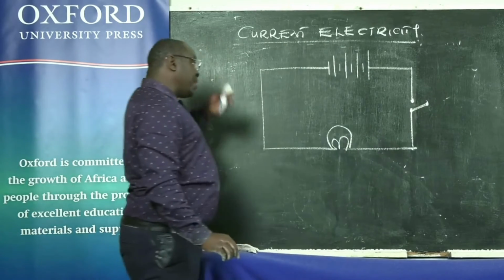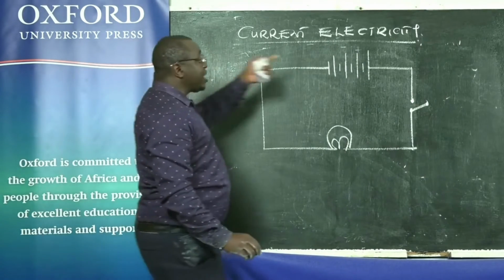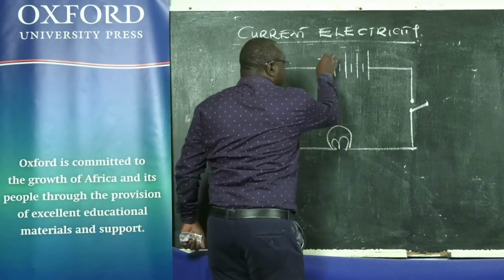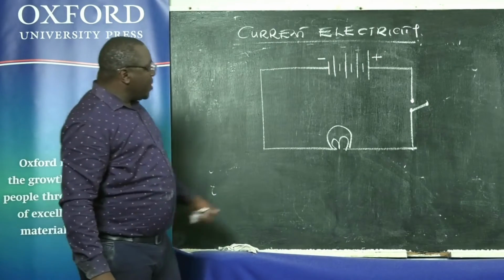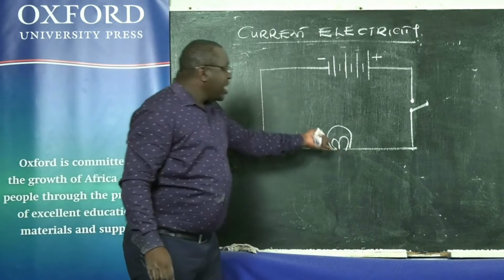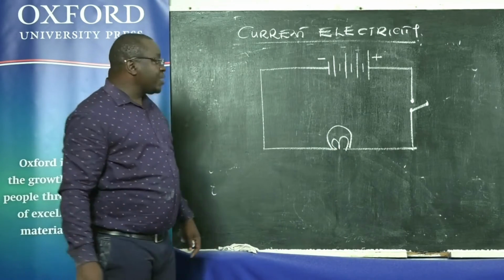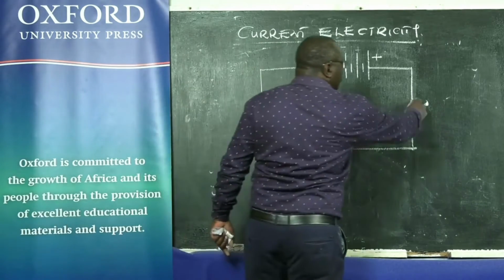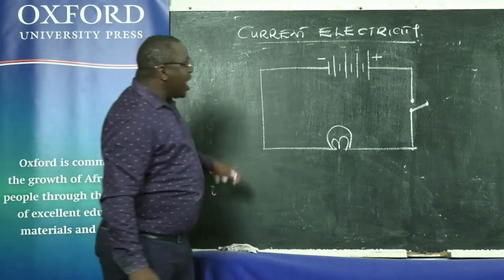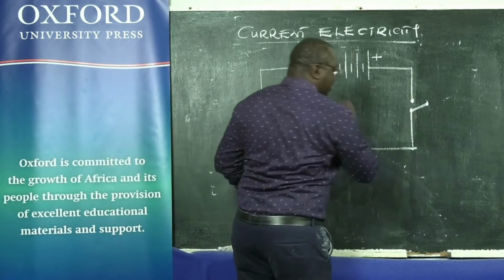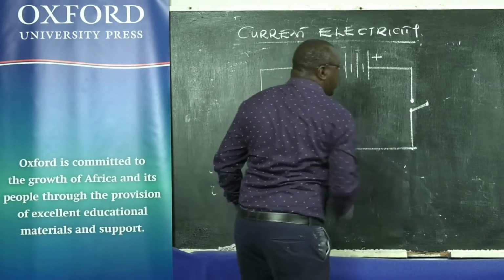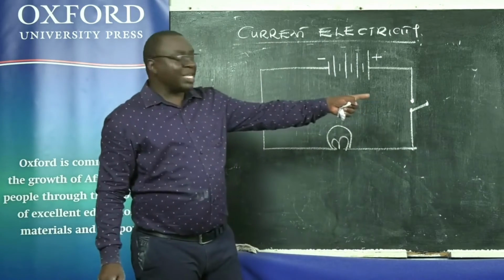Okay, so that being the case, we have this battery which is negative there, and then we have a positive that side. Okay, then we have our bulb which is actually not on at that point because our circuit is not complete. Remember we said an electric current is seen passing through a complete path. Now this path is not complete because our switch is actually open.